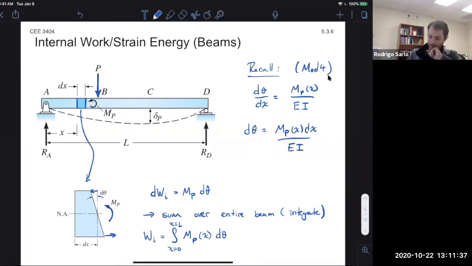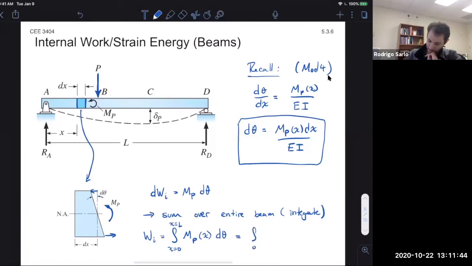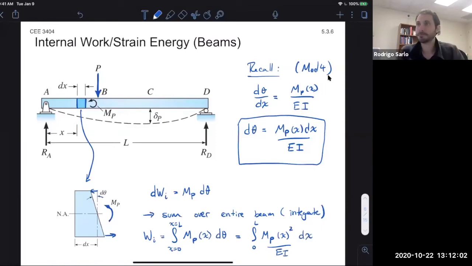Okay, so this is a nice little relationship which we can then plug in right here, and so we get mpx squared over EI times dx, and we're good to go. Then we can solve.